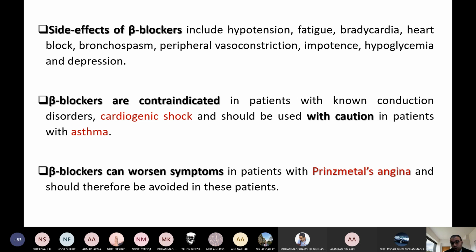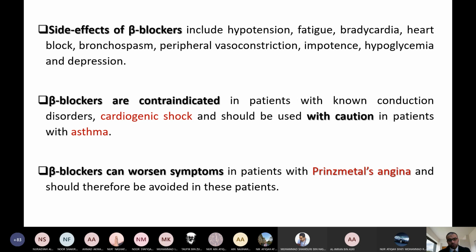From the side effects, of course, we have to mention bradycardia, hypoglycemia, the depression, the bronchospasm. In patient with reactive airway disease, meaning severe asthma, severe COPD, this one would be problematic, so it should be used with caution.